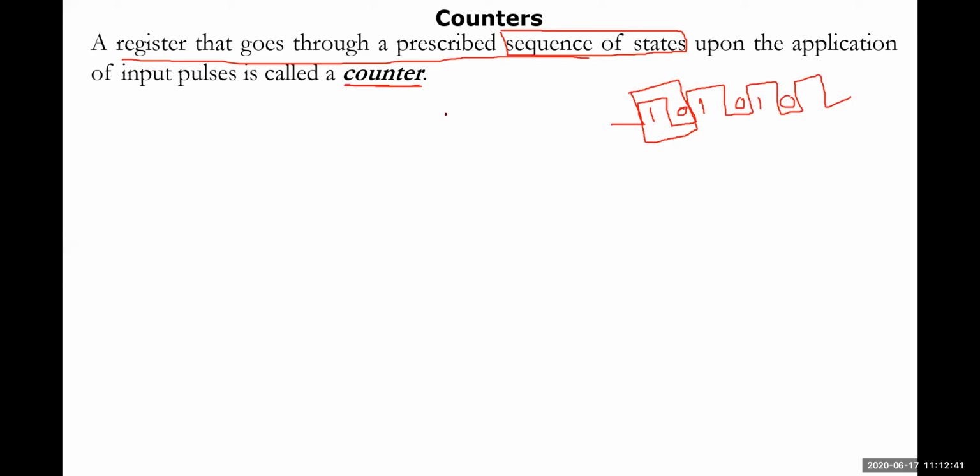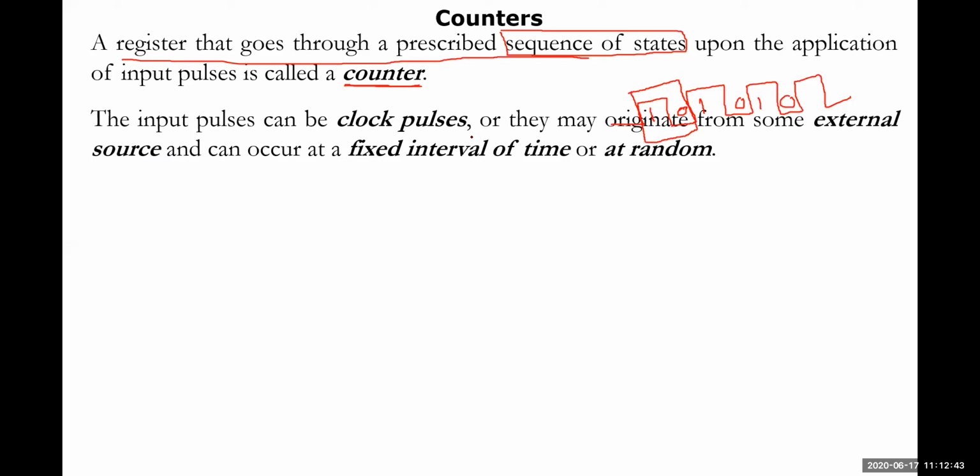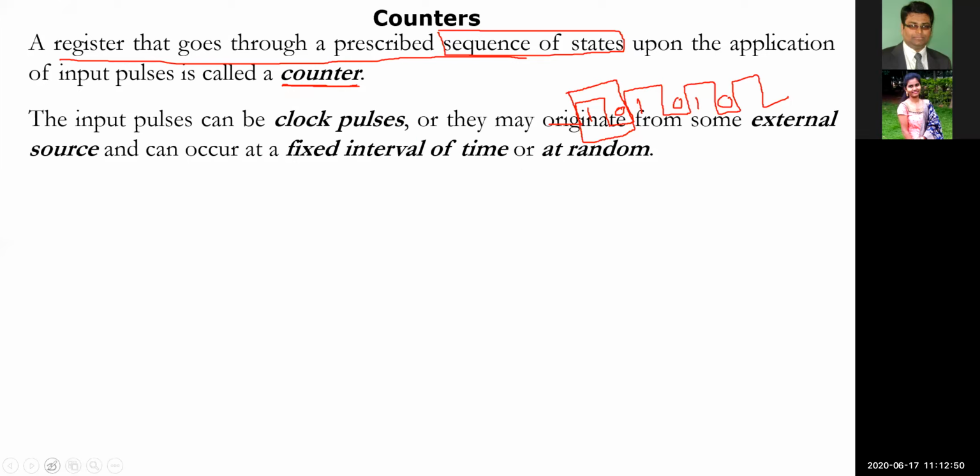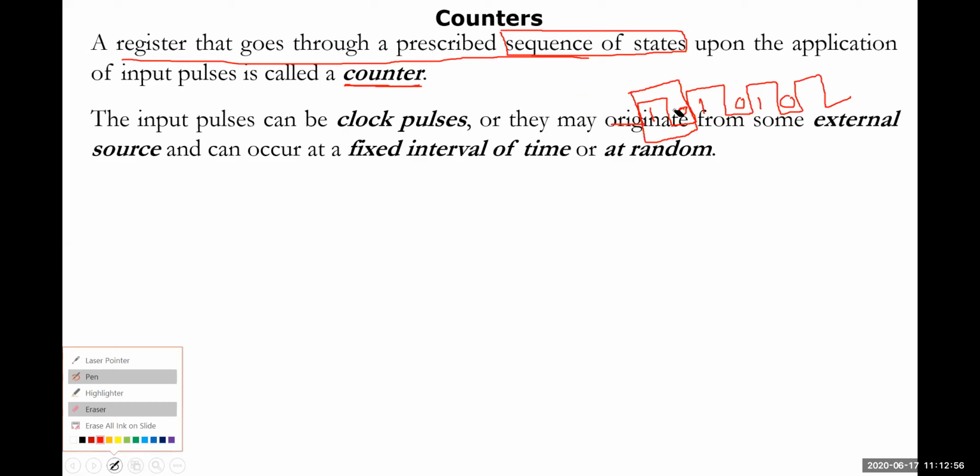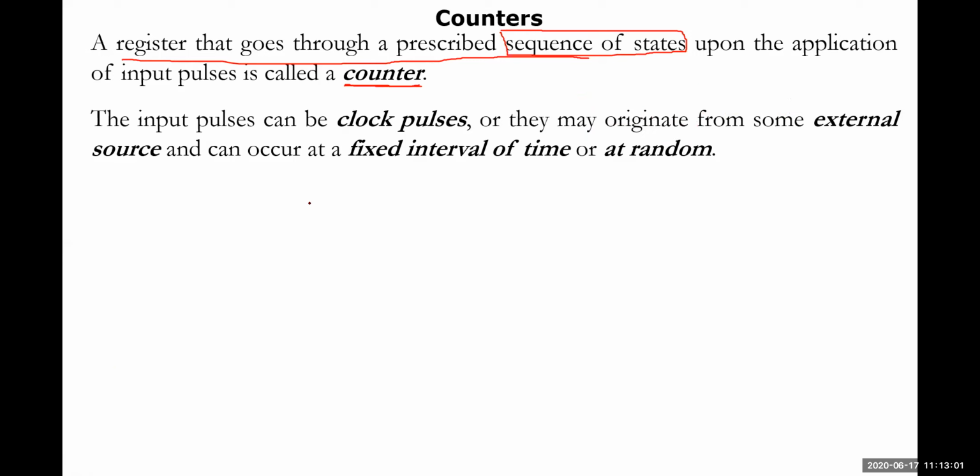Now this counter is always executed based on the clock pulses. There are a certain number of clock pulses which are available. So clock pulses are very important for us.